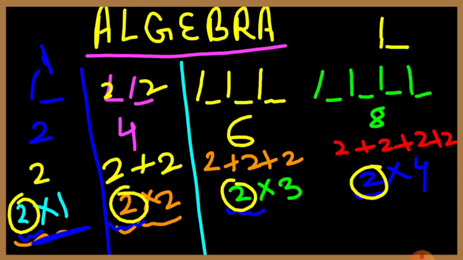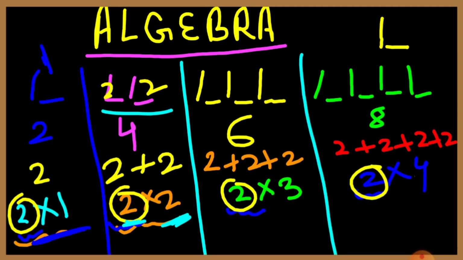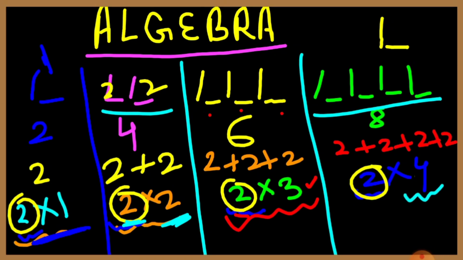In the second case we have drawn 2 times L, so the number of matchsticks was 2 into 2. In the third case we have drawn L 3 times, so the number of matchsticks used was 2 into 3. And in the fourth case we have drawn L 4 times, so the number of matchsticks used is 2 into 4.